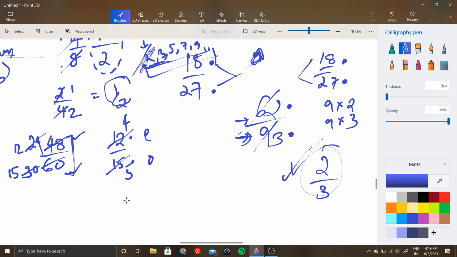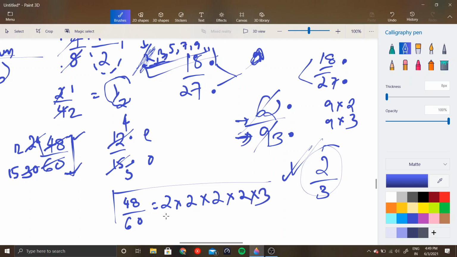So the alternative method which I told you is, just suppose this is 48 by 60, write down the factors, right? Break it down into the prime factors. So theoretically you need to break it down to the prime factors. So 48 is 2 into 24, 24 is 2 into 12, 12 is 2 into 6, 6 is 2 into 3, and that's it.